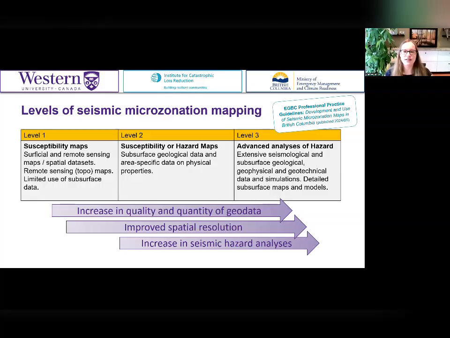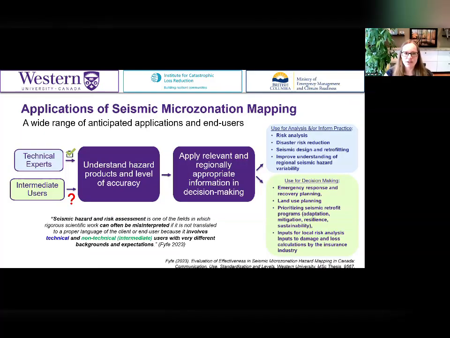A seismic hazard analysis has been performed by the time you get to level 3. And so, of course, the more sophisticated the analysis and the more data that you use, it will cost you more and it'll take you longer. So it's taken us 7.5 years, and the project is funded with $4.41 million. And so we pushed to level 3 to make seismic microzonation maps for Metro Vancouver.